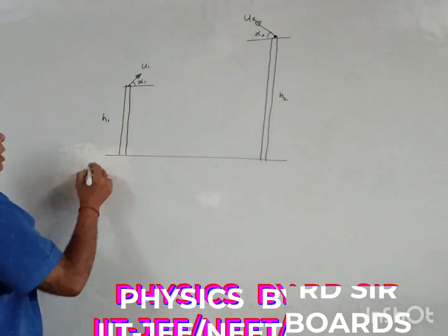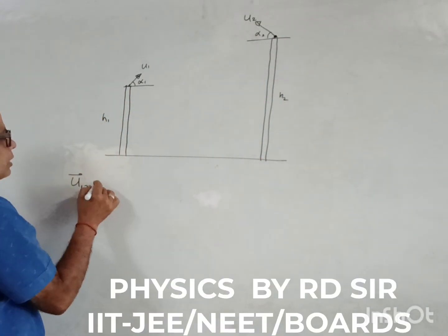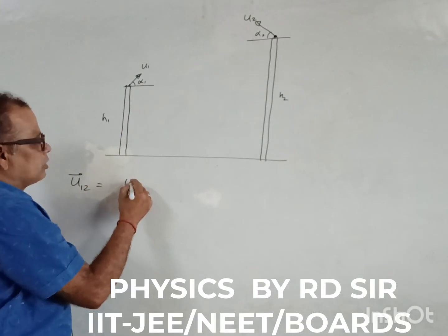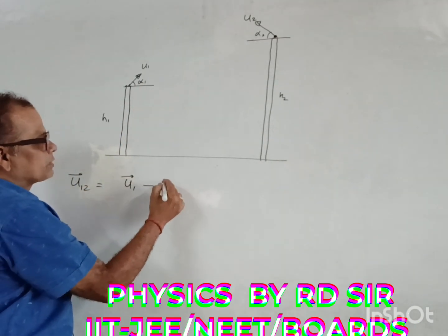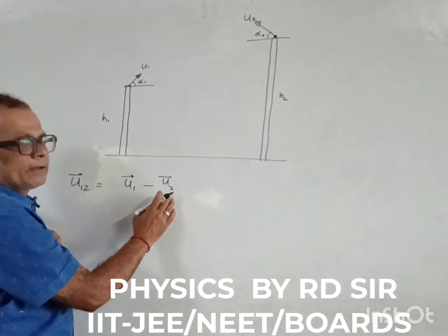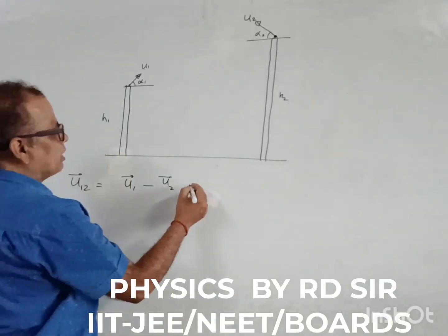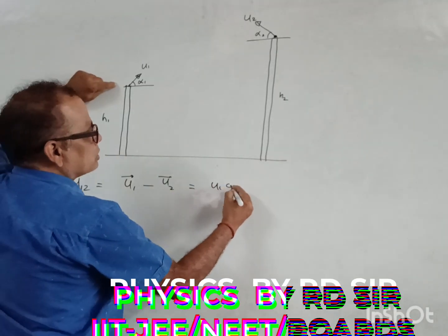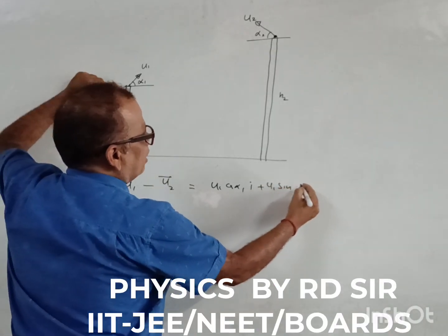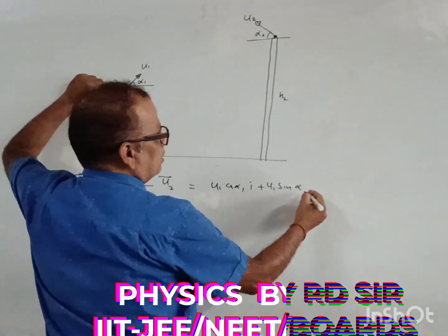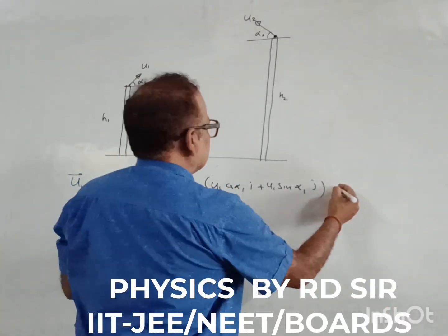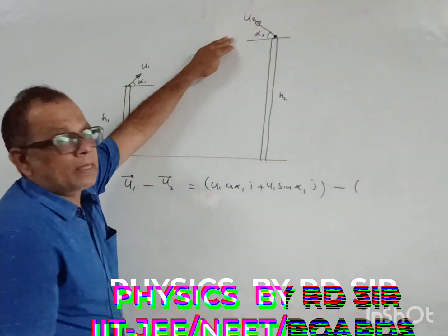The initial velocity of particle 1 with respect to 2 is the velocity of 1 minus the velocity of 2, both with respect to ground. These are the velocities of the different particles: the first particle with respect to ground and the second particle with respect to ground. So we can write u1 cos alpha 1 i cap plus u1 sin alpha 1 j cap, minus the velocity of the second particle.